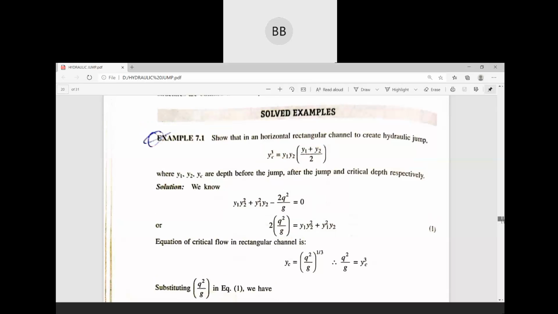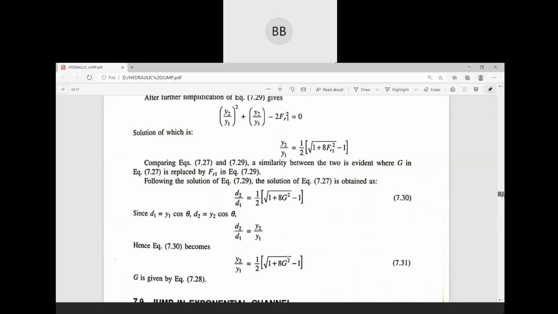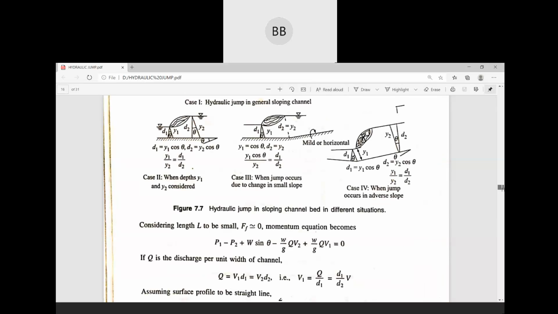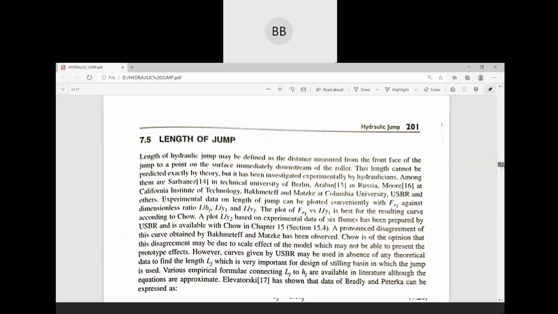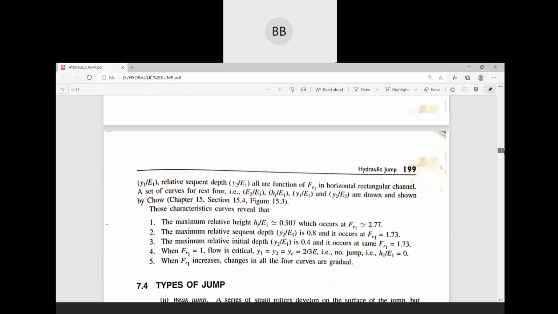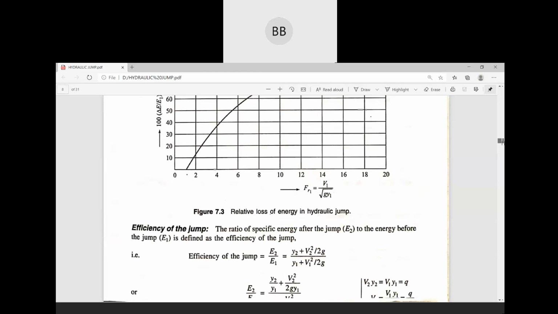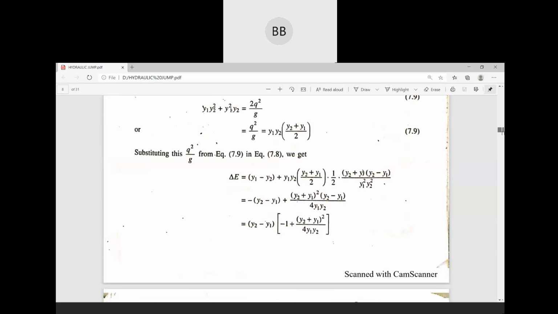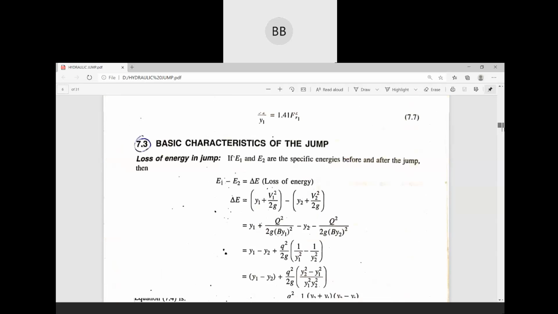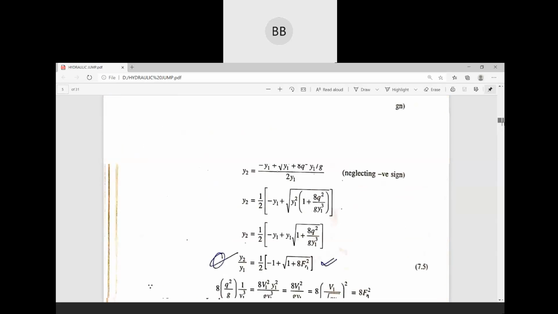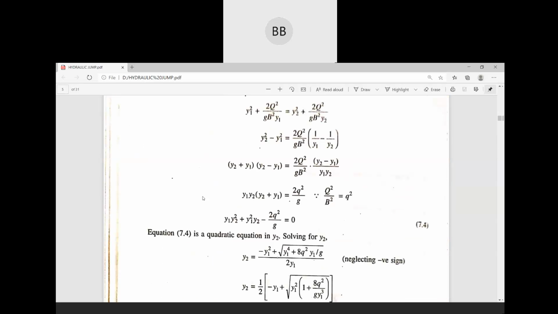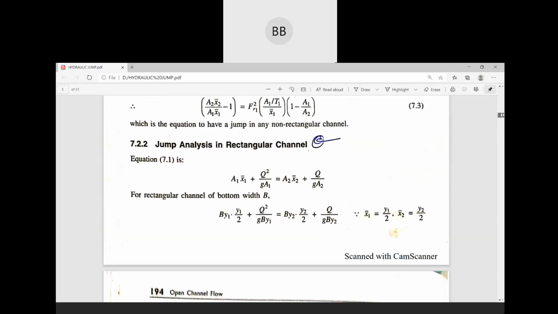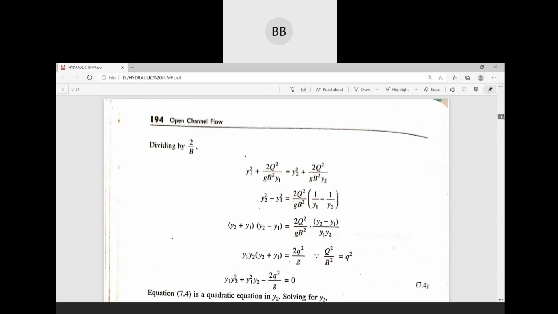For this equation, you can go back and see the derivation of our sequent depths, that is your y1 and y2.